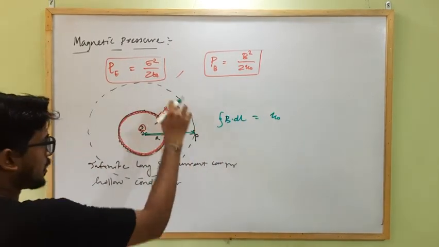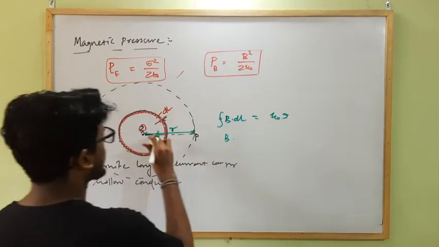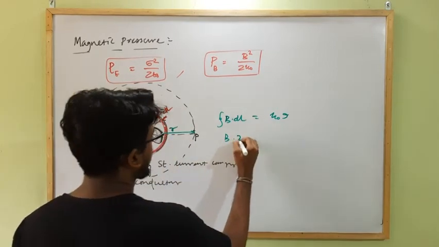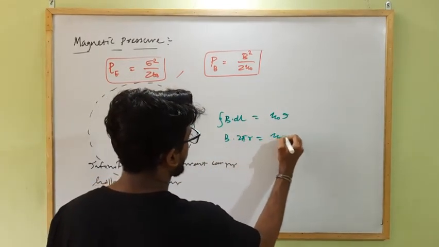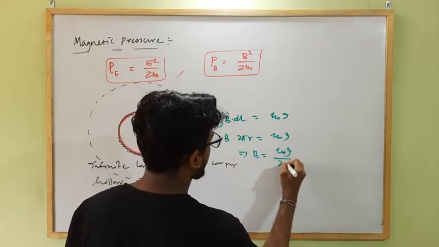I enclosed for this Amperian loop will be the complete I. So this is B into dl, and the complete length of this circular Amperian loop is 2 pi r, equal to mu naught I enclosed. So B equals mu naught I by 2 pi r.